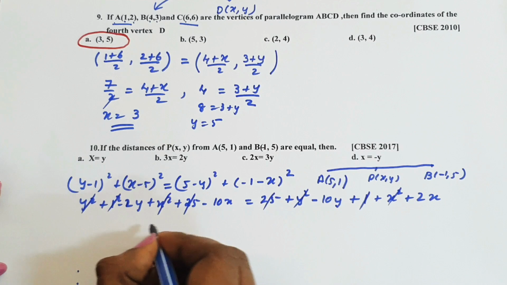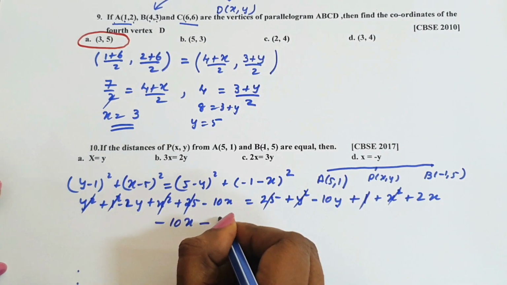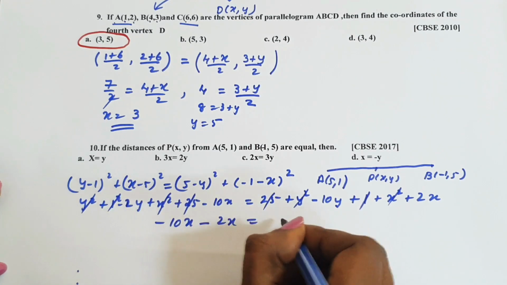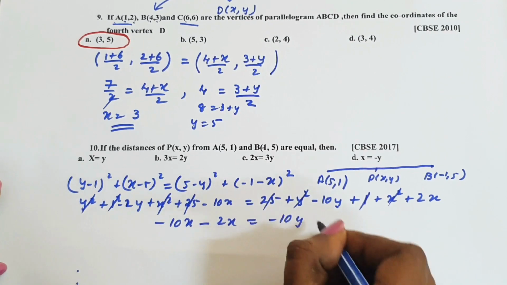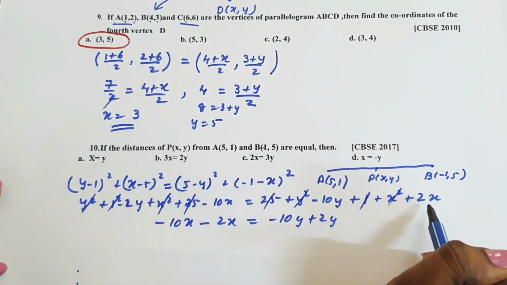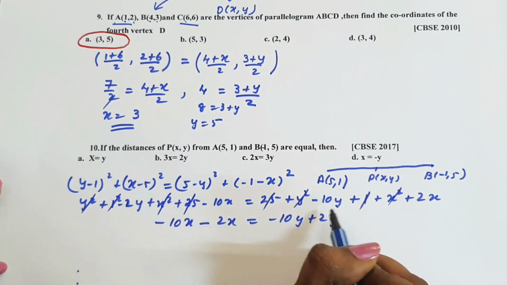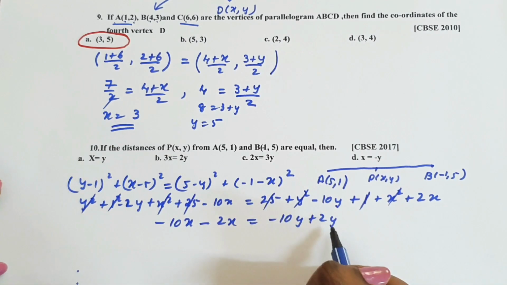So minus 10x minus 2x is equal to minus 10y plus 2y. What did I do? I kept minus 10x over here. There was a positive 2x; when it came to this side, it became negative 2x. And minus 10y was here. I took this minus 2y to the other side and that becomes positive 2y.